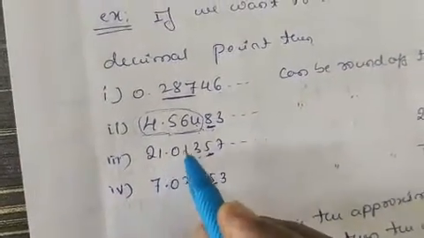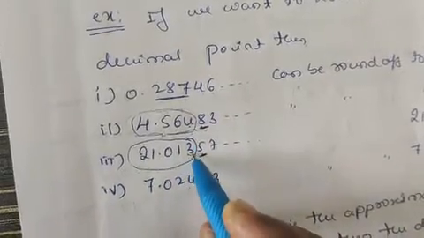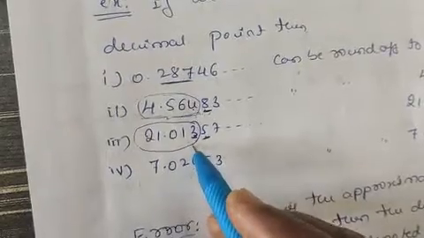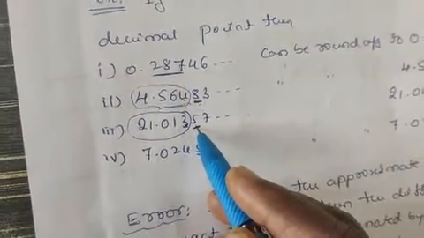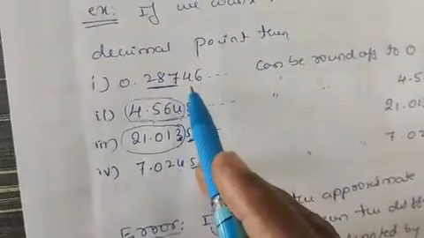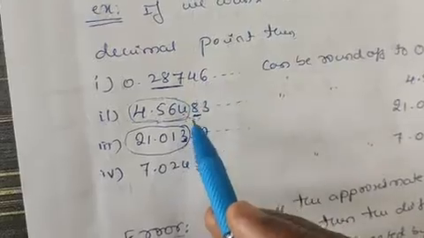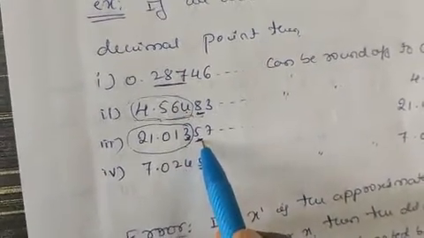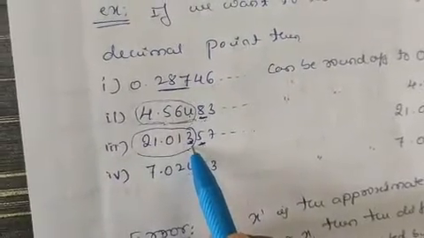Again we want to round off this number up to only 3 digits after the decimal point. After 3 digits from the decimal point, the next number is 5. In the previous examples we have seen that if it is less than 5, then we neglect it. If it is greater than 5, we have to add 1 to the previous digit. If it is exactly 5, then we have to check the previous digit.